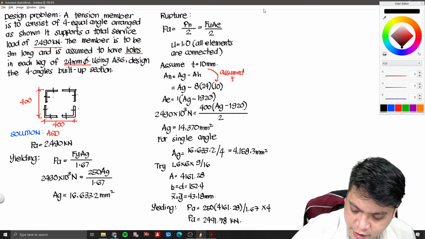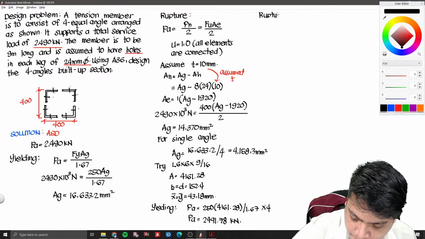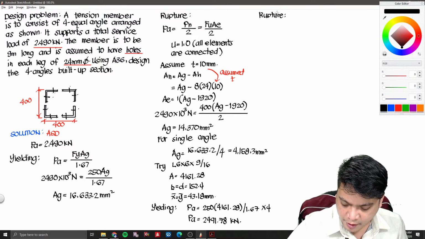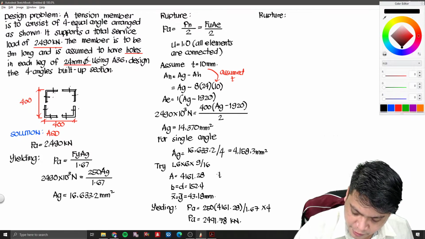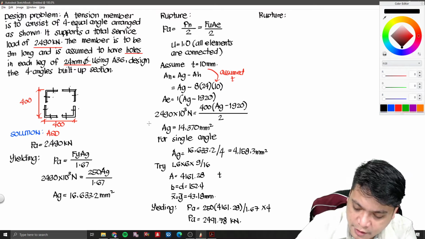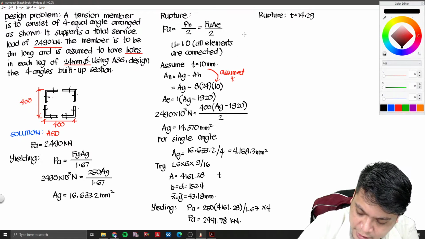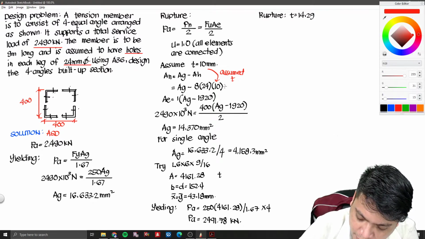And then, let's check now for the rupture. Okay. For the rupture, by the way, what is the thickness of that L? So, its thickness is 14.29. T equals 14.29. Okay. So, back to this formula.